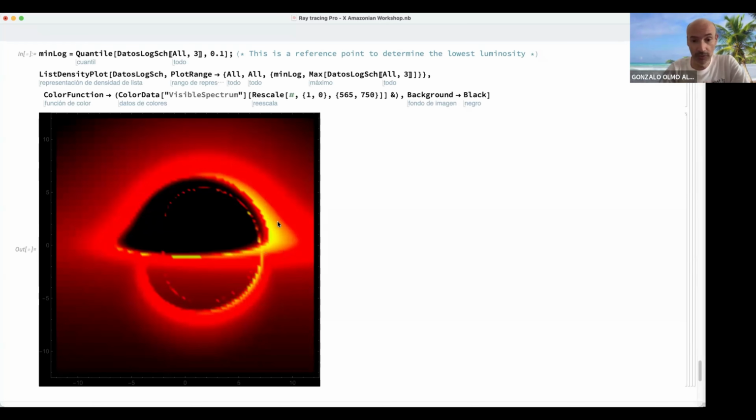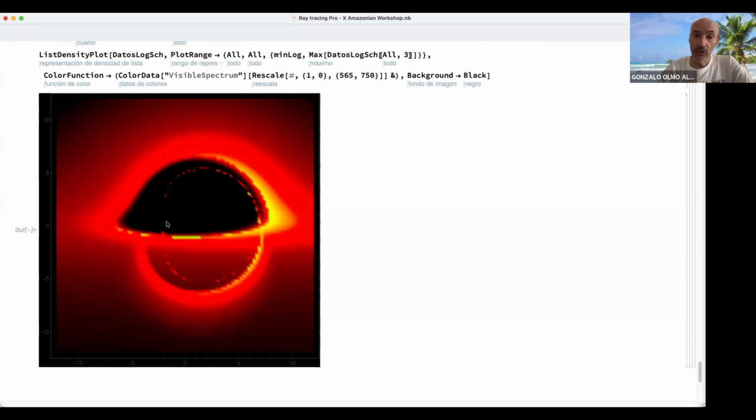This is why the blue shift is on this side. But we get some deformation here. So this is a combination of the rotation of the black hole that is opposite to the rotation of the accretion disk. All these deformations contain information about the properties of the background.